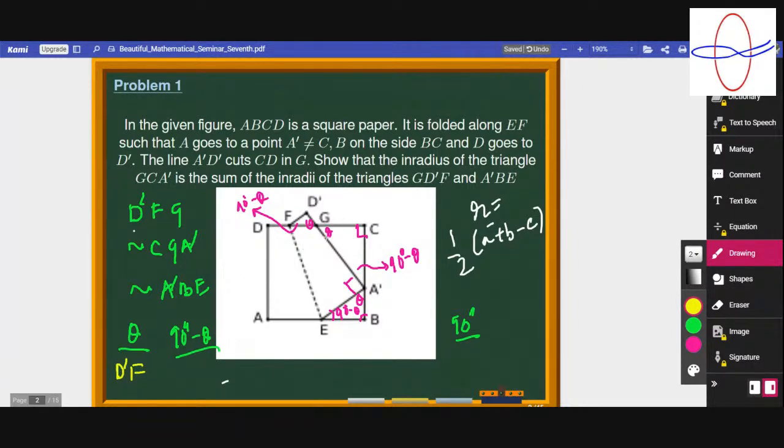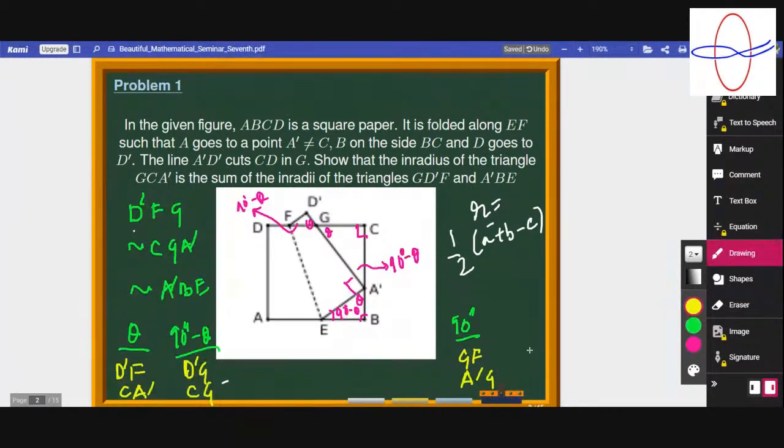For 90-degree minus theta, here it is D'G. And for 90-degree, it is GF. For this triangle, for theta, it is CA'. For 90-degree minus theta, it is CG. And for 90-degree, it is A'G.